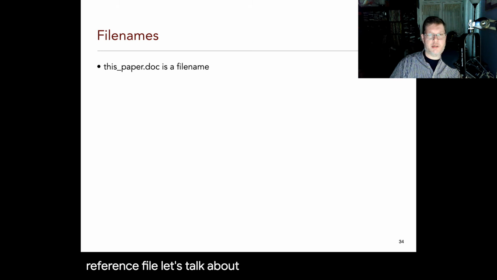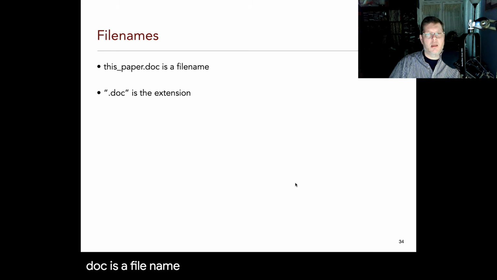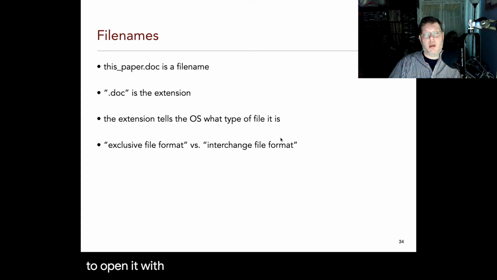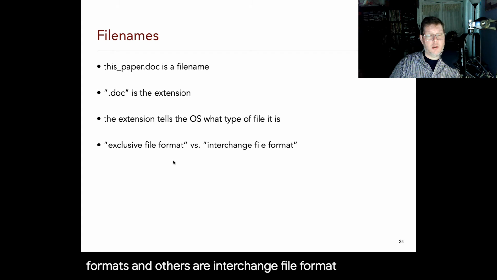Let's talk about file names. So this paper.doc is a file name. .doc is the extension. So that tells the operating system what type of file it is. It tells it what program to open it with. And some extensions are exclusive file formats and others are interchange file formats.